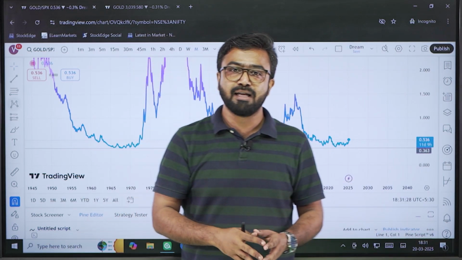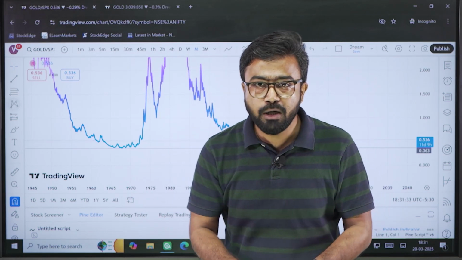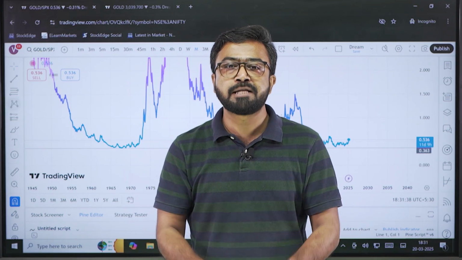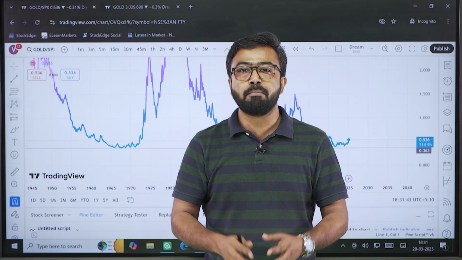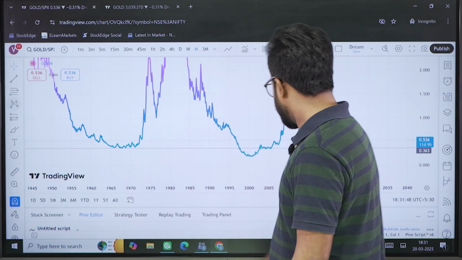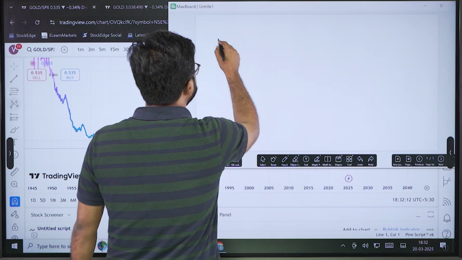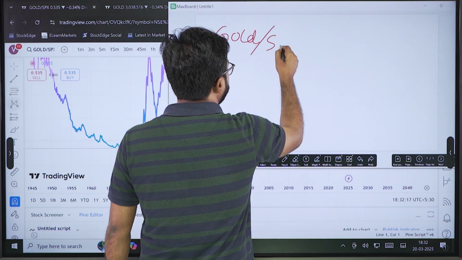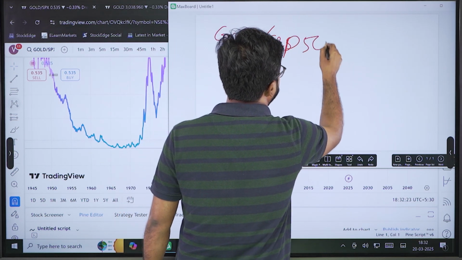This chart again is a ratio chart. Ratio chart of what? Ratio chart of gold, which is considered a safe haven, and S&P 500, which represents 500 stocks of the most developed economy, that is the US. Let me open the whiteboard again. So this is gold by S&P 500.